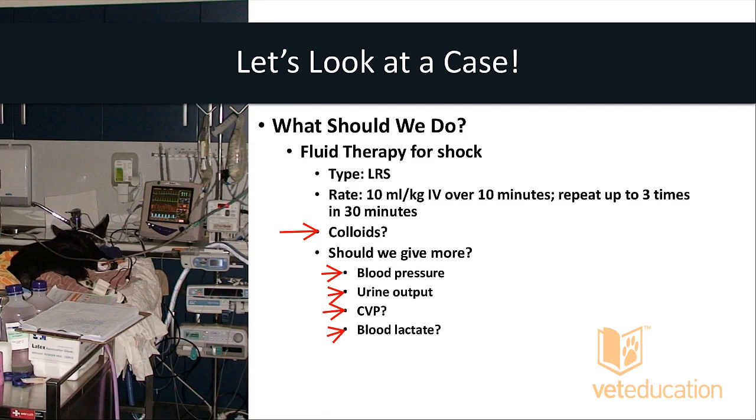Now, is central venous pressure the same as invasive blood pressure? No, it's not. I mean, it is invasive. But what you're doing is you're really assessing the amount of pressure in the venous circulation just near the heart. So once all the blood in the body has been returned to the heart, the idea is that you are measuring the pressure in the jugular vein, or cranial vena cava, just before it enters the right atrium.